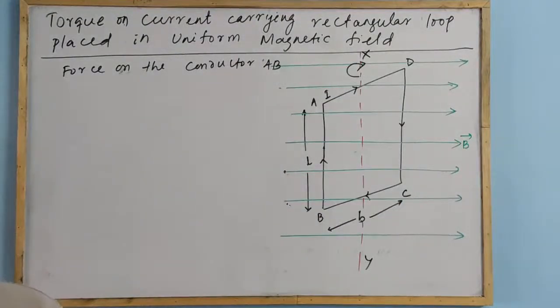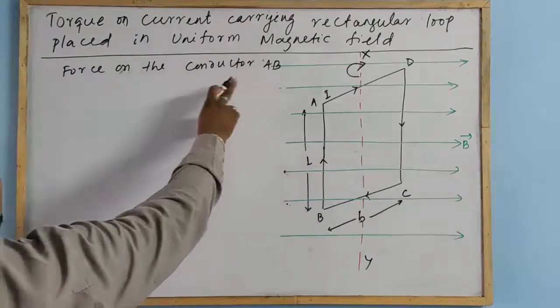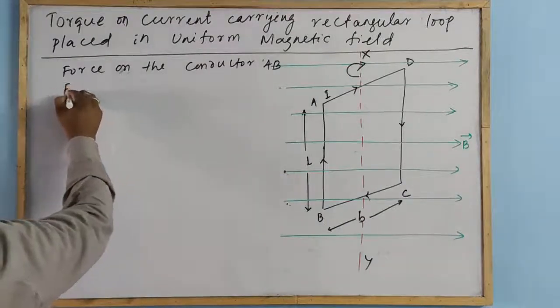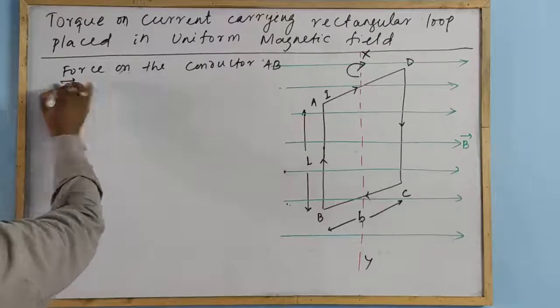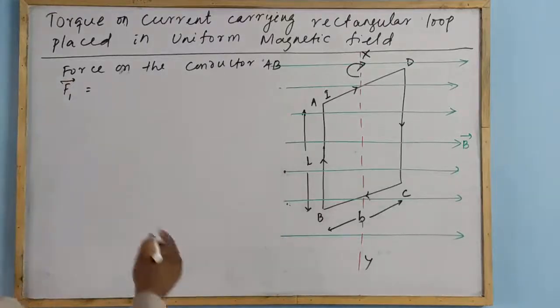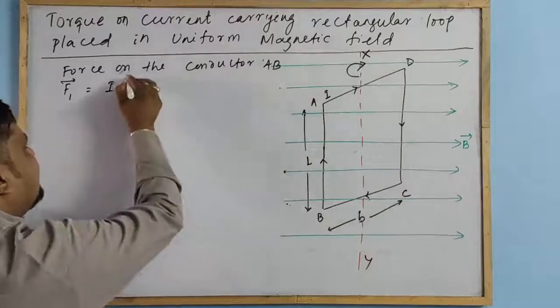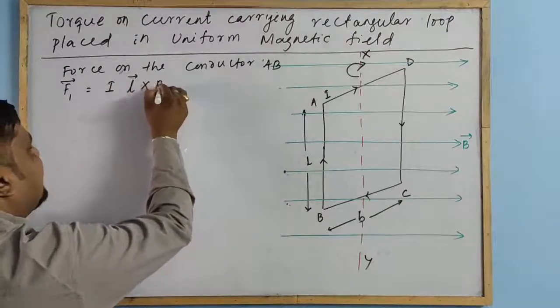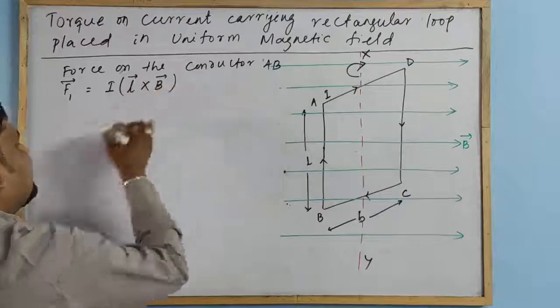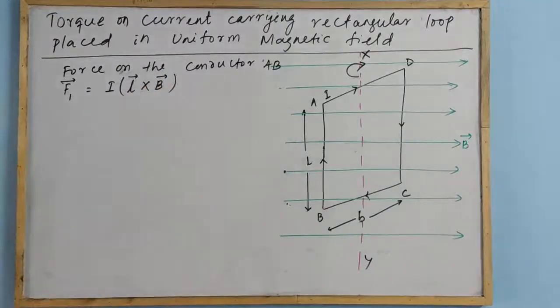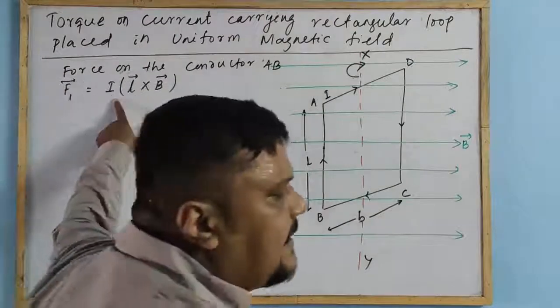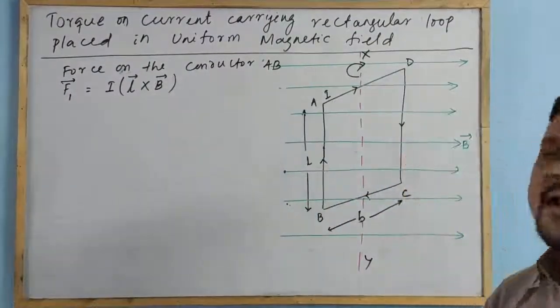So now I will draw this one. Force on the conductor AB, let me take this as F1, is equal to, what is the formula? I, L cross B. This is the force F1. Already you have derived the force on a current carrying conductor placed in a magnetic field.